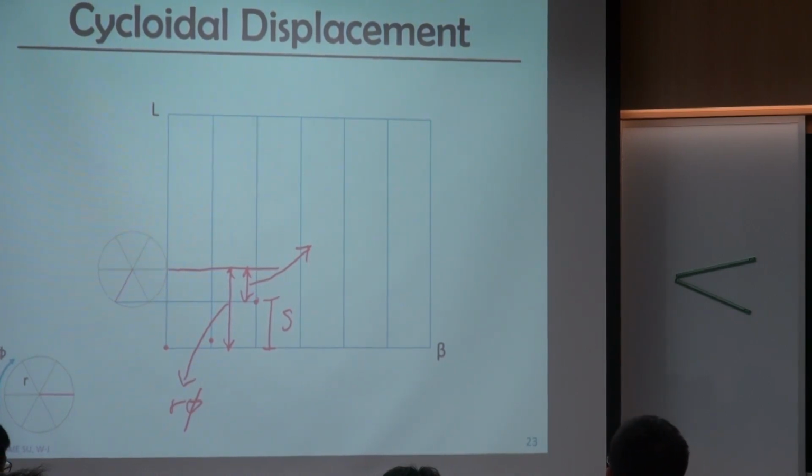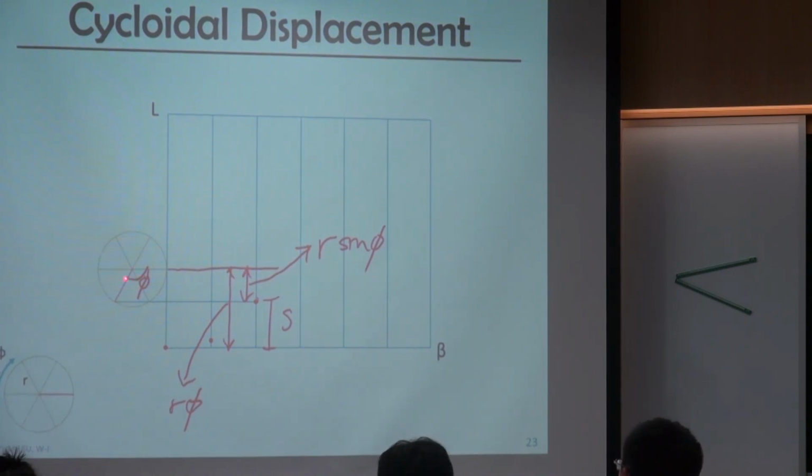This one is R sine phi. The length of this part is R, where R is the radius of this small circle, times sine phi. So I can express this displacement, my projected point, using R phi minus R sine phi.